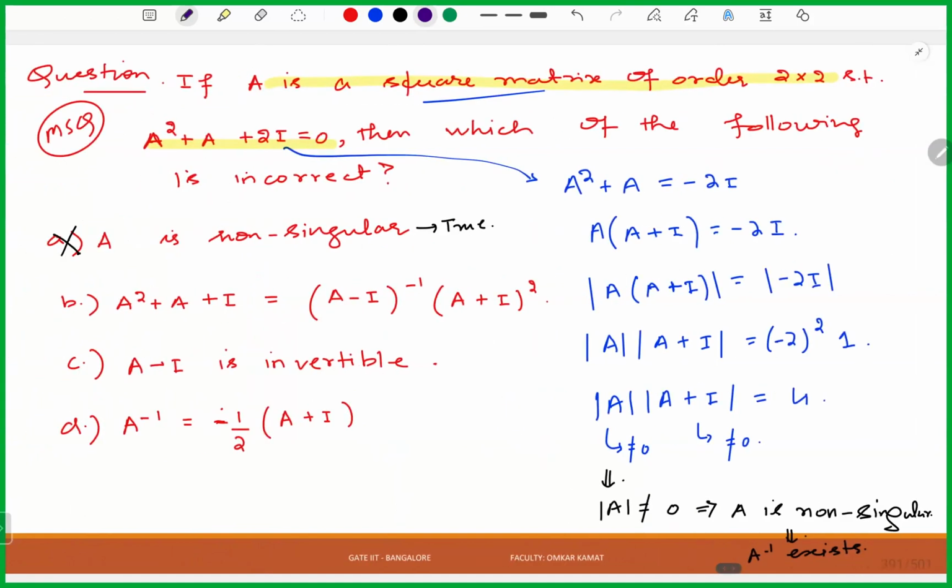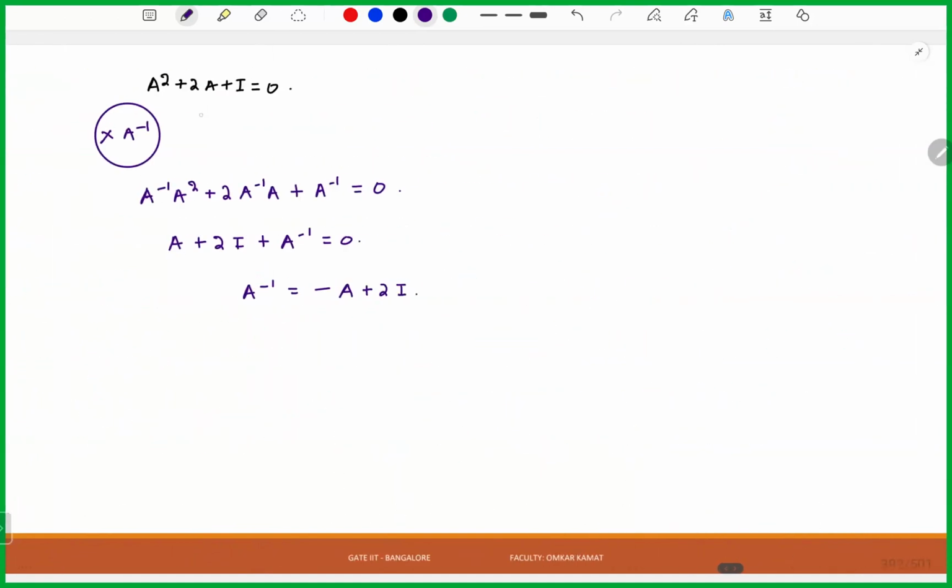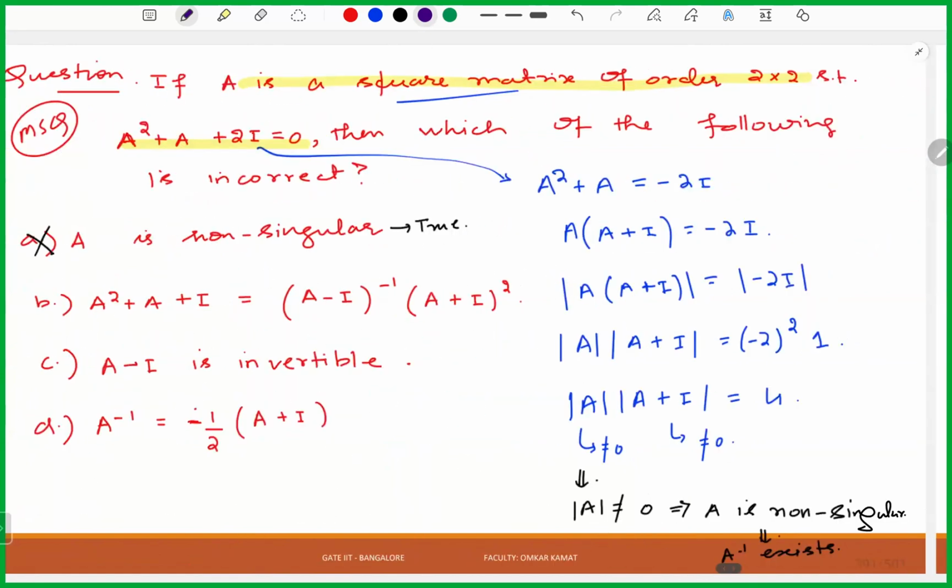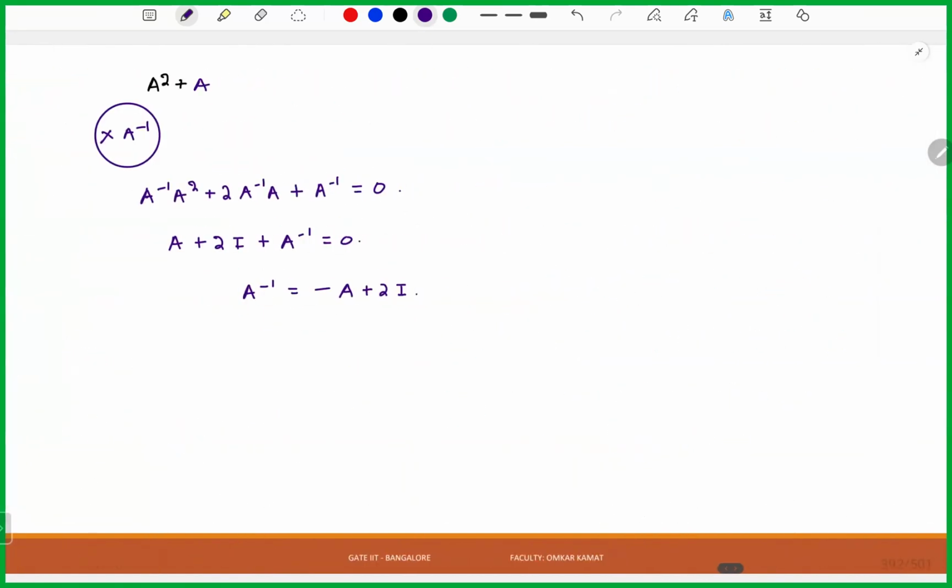I have written the equation wrong. Okay, sorry, it is A square plus A plus 2I equal to 0. So this 2 will not come here; we will get a 2 here. Correct?